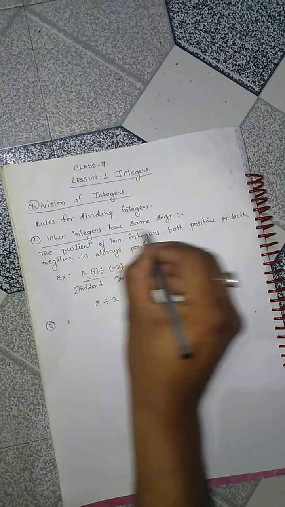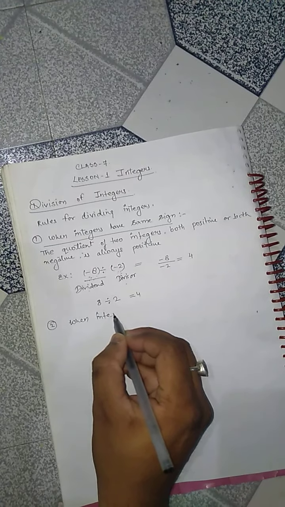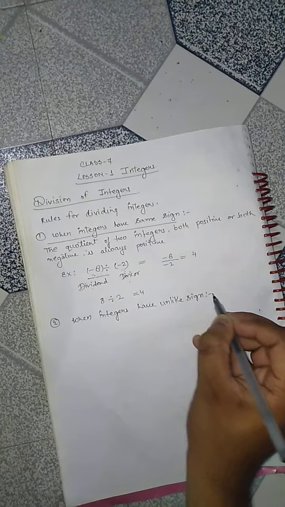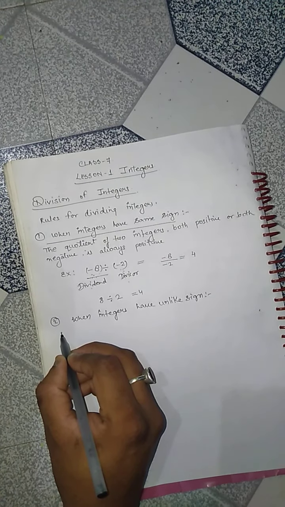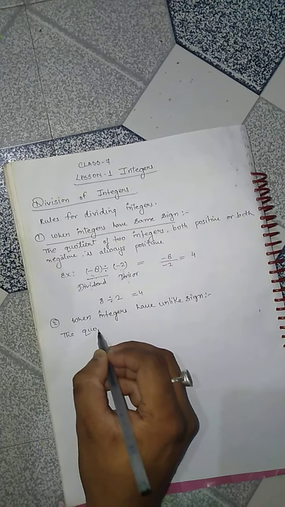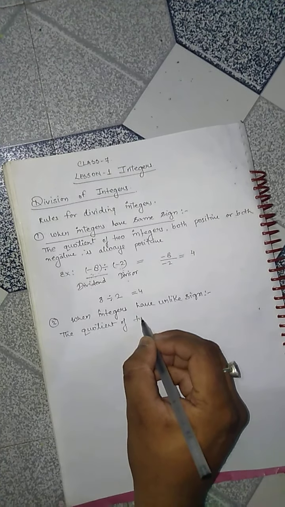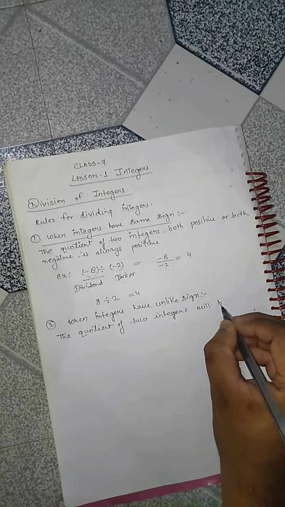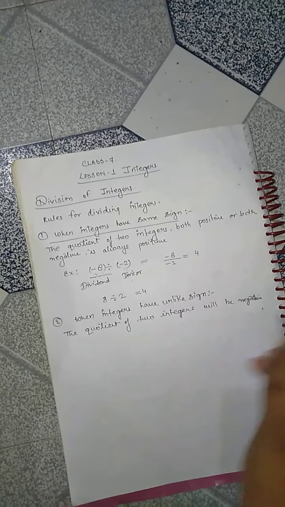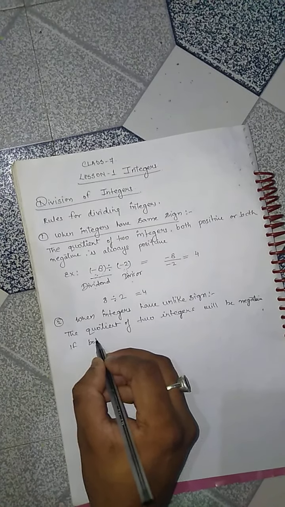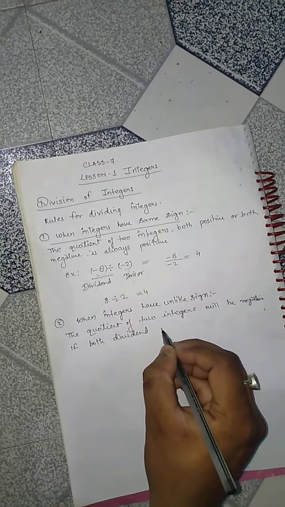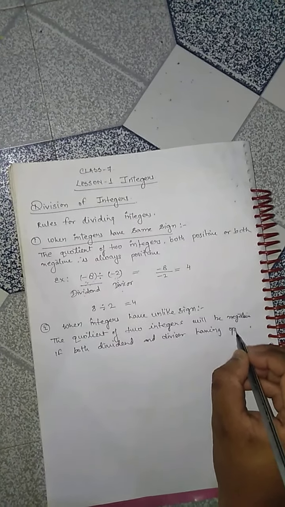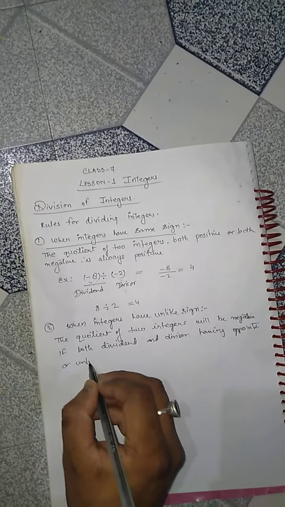Second, when integers have unlike or opposite signs, the quotient of two integers will be negative if the dividend and divisor have opposite or unlike signs.